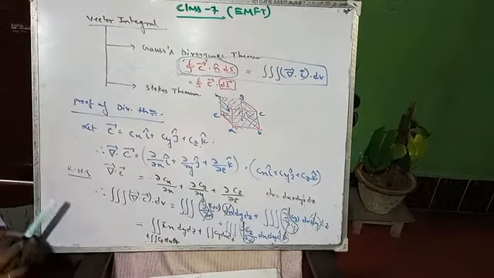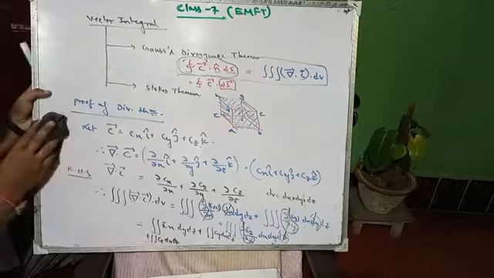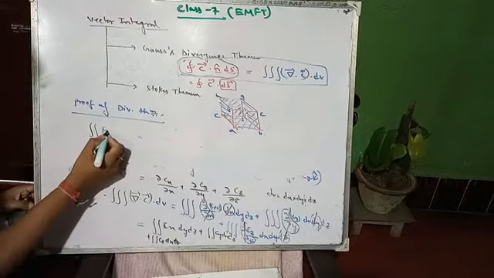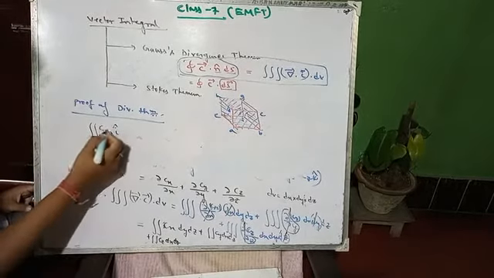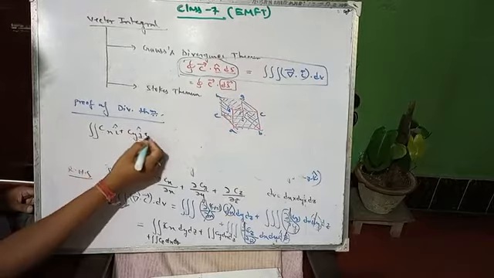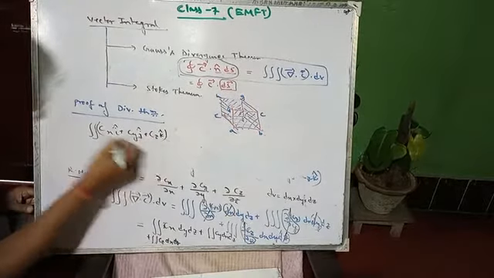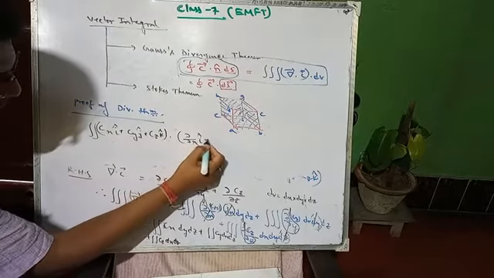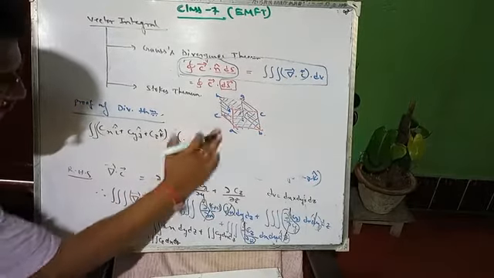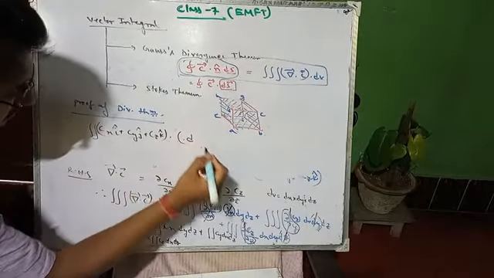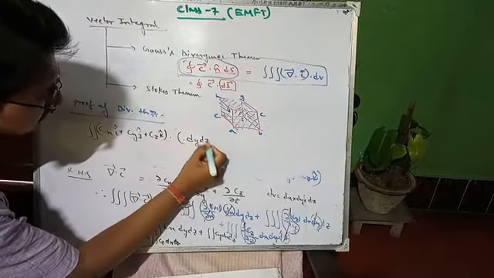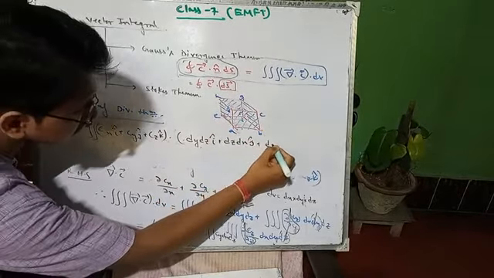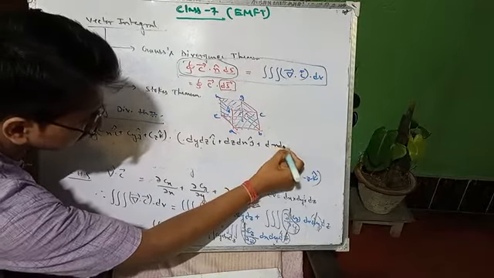Okay, so from this line, can we write this one? The double integration of Cx i cap plus Cy j cap plus Cz k cap, dot product with dy dz i cap plus dz dx j cap plus dx dy k cap.